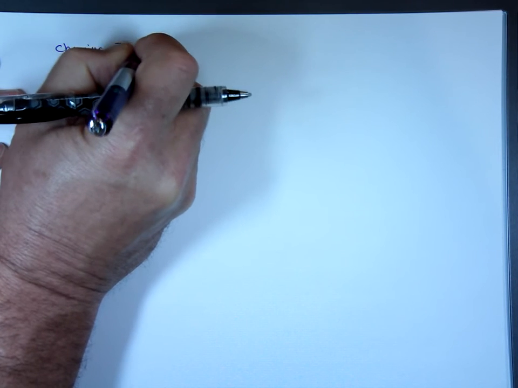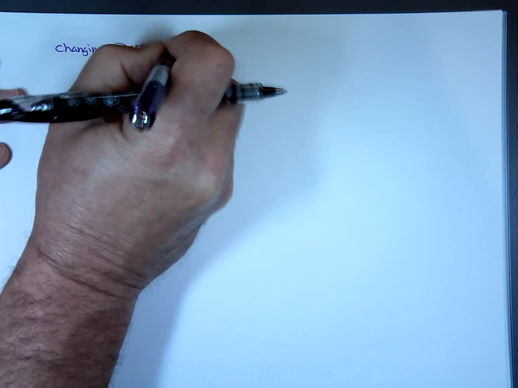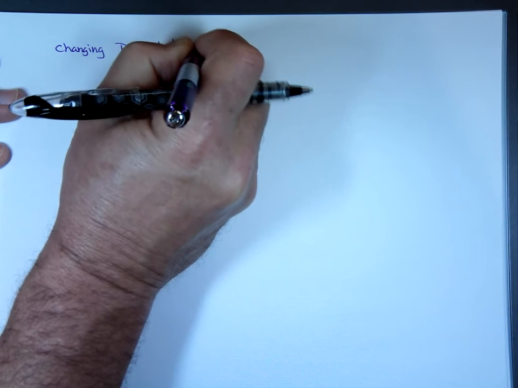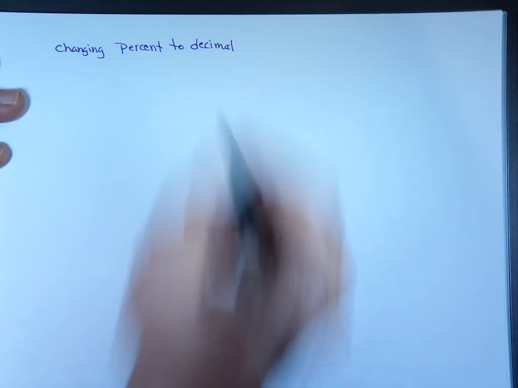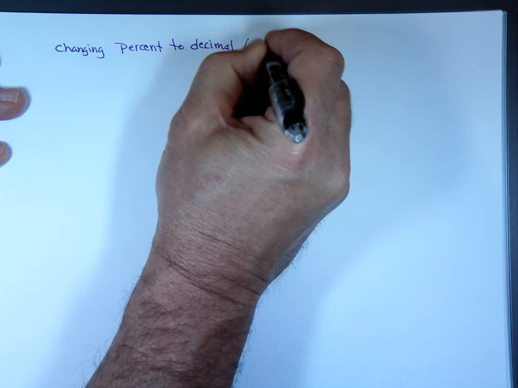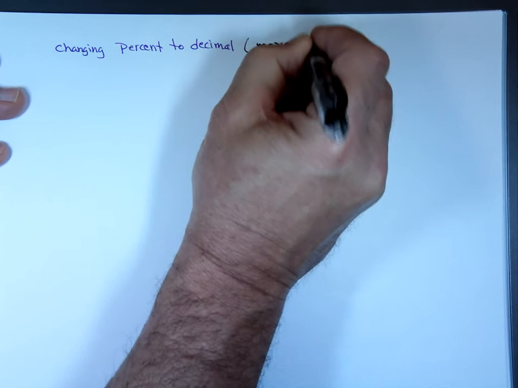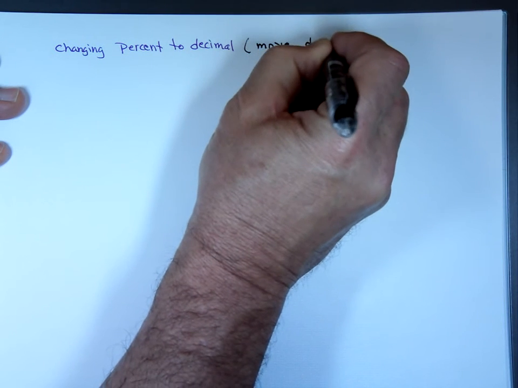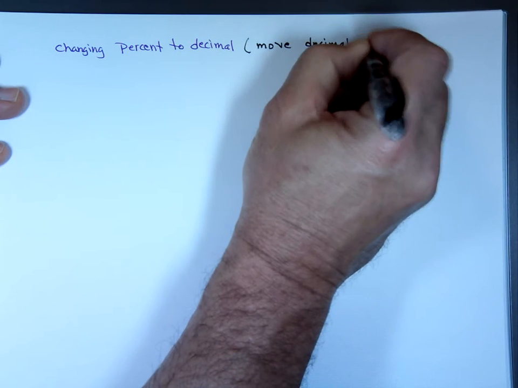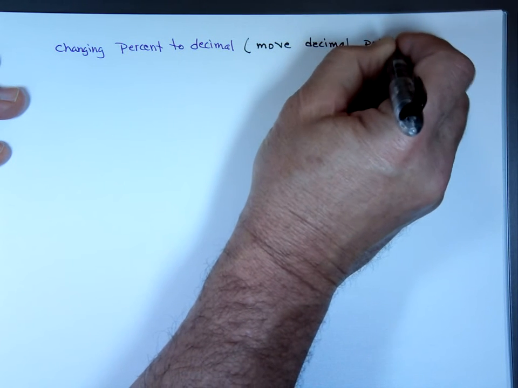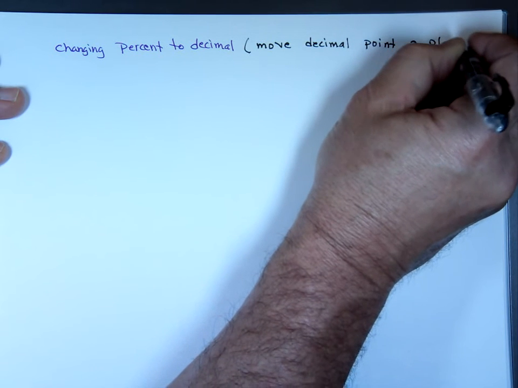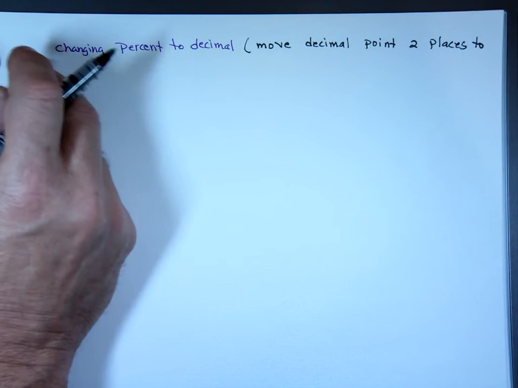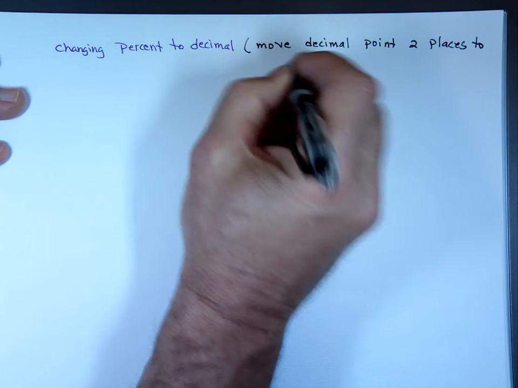Percent to decimals. And for that, you move the decimal point how many places? 2 places. Which direction? 2% to decimal, to left.